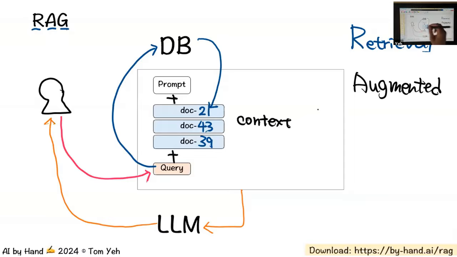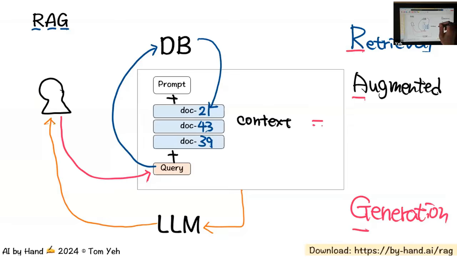So it's augmented with these 2 things. And then at the end, we use the large language model for generation. This is why we have RAG equals prompt plus context plus query plus LLM. That's the equation that helps me understand what RAG really is.